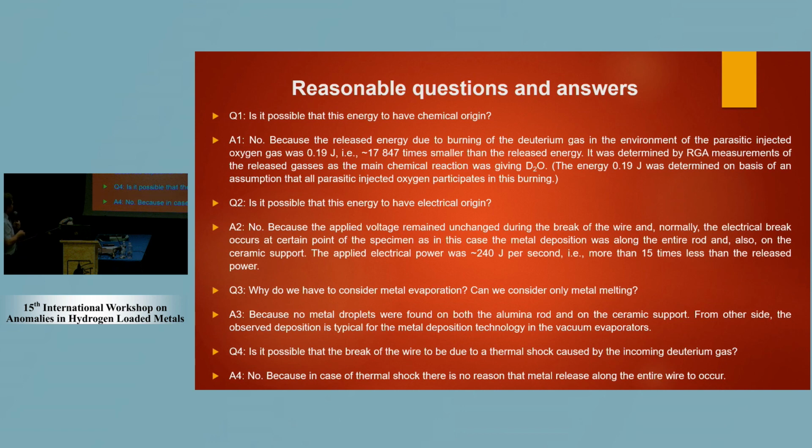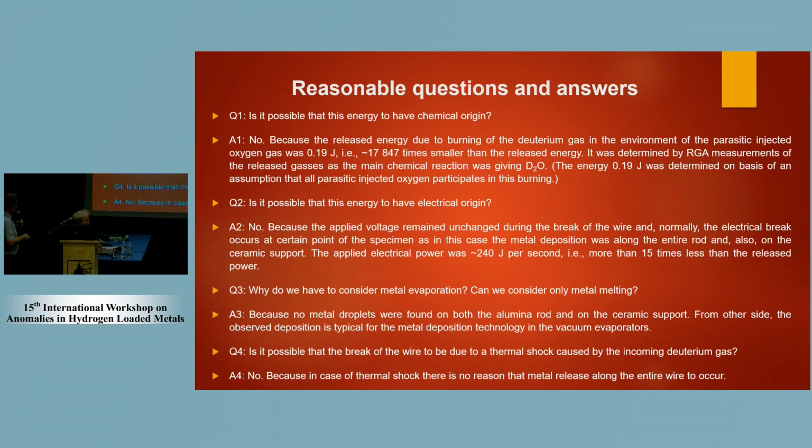So now, is it possible the breakup to be due to the thermal shock caused by the incoming deuterium gas? No, because in this case, the thermal shock will occur at a certain point only, not along the entire wire.